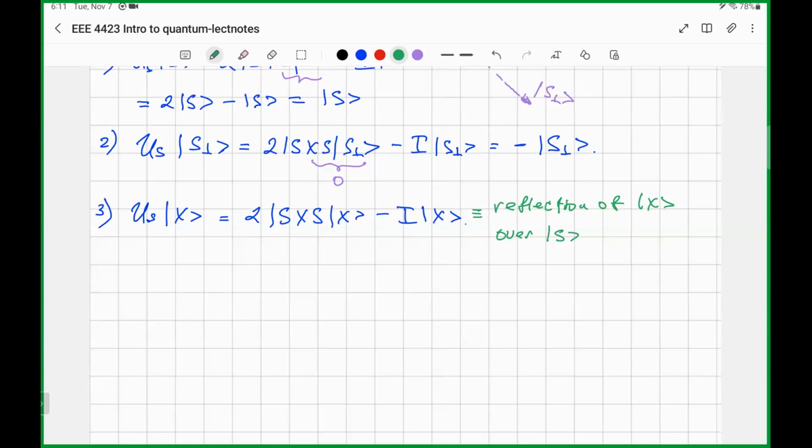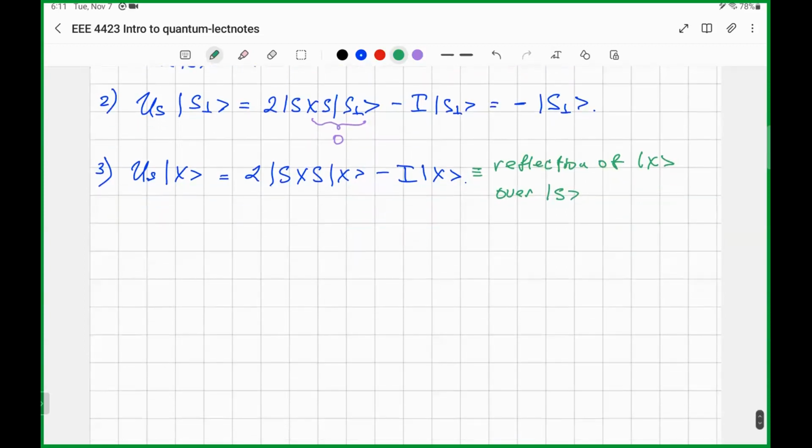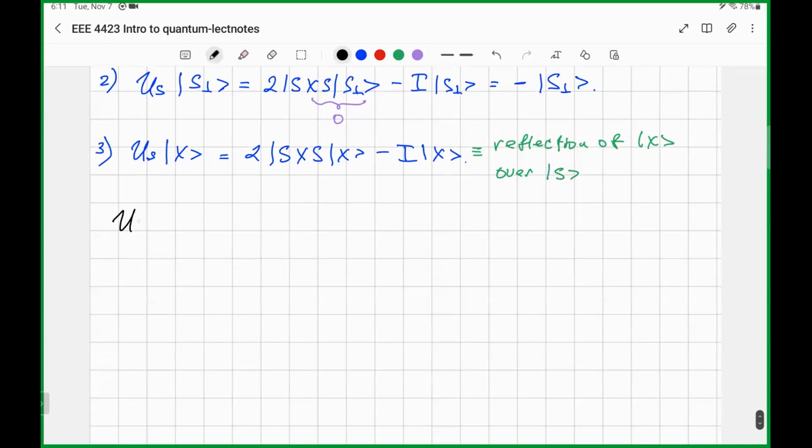Another important fact here is that we can represent this operator as a sandwich between the two Hadamard operators. Okay, so let me write this like this. So this operator of reflection of any vector over the vector S can be written as, so let me rewrite this again.